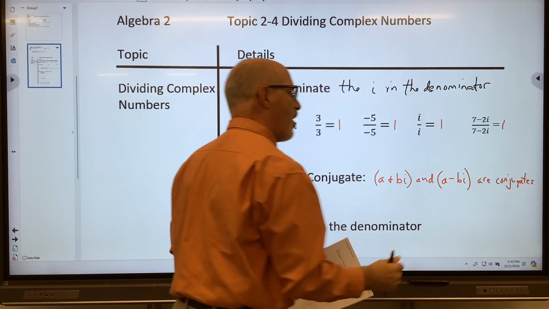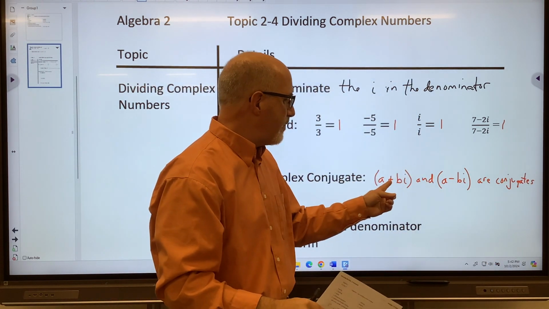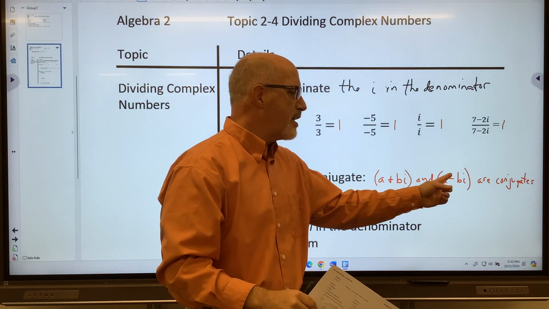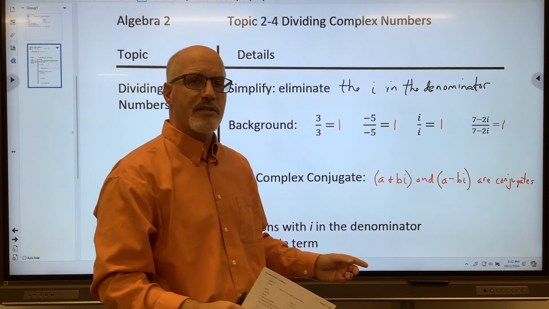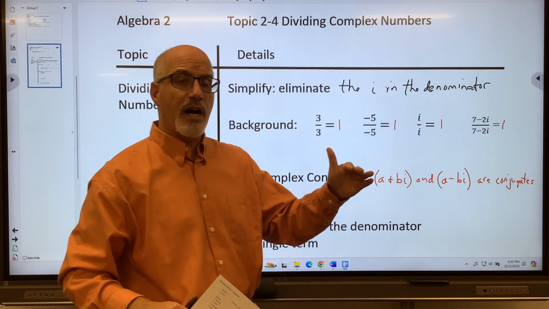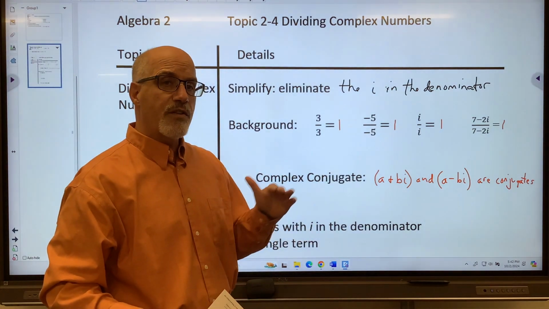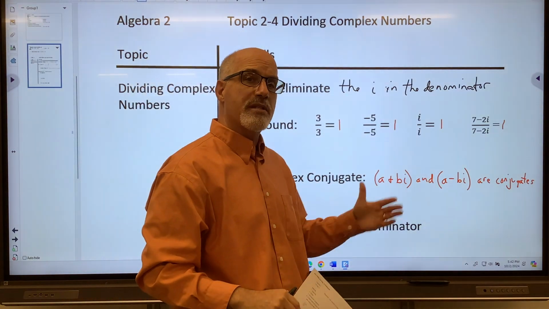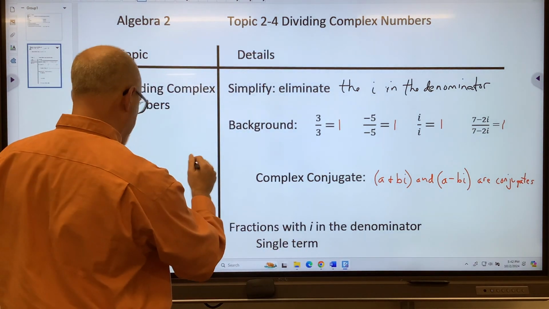A conjugate, all it means is if you've got a binomial and it's plus in the middle, its conjugate is a minus. If you start with a minus in the middle, its conjugate is a plus. The reason that's helpful is it draws upon the difference of two squares pattern, and that pattern is going to help us in simplifying some of our division problems with complex numbers.